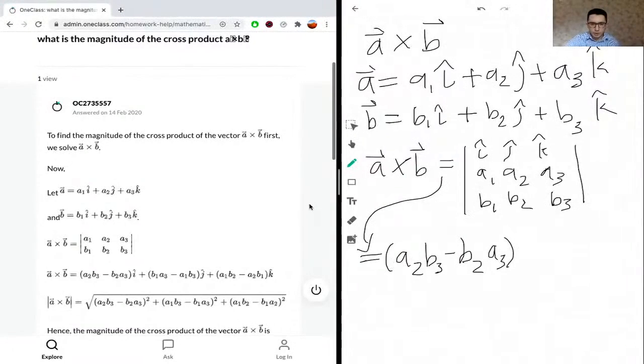We're just double checking that we are on the right track. So here we have the i component, and then we do the same thing for j and k.